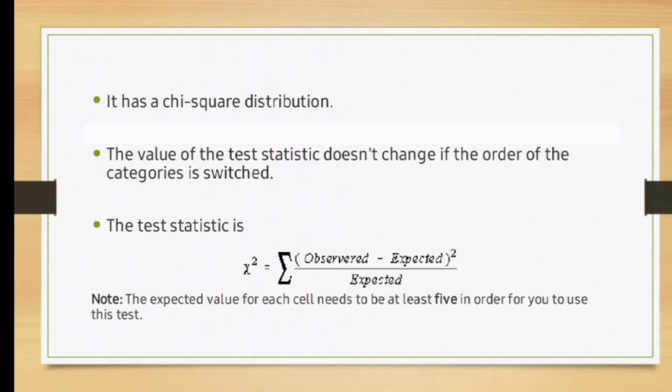This is the reason why it is always a right-tail test, because our output here is always positive. And take note, the expected value for each cell needs to be at least 5 in order for you to use this test. If our expected value is less than 5, then we cannot use the goodness of fit test.